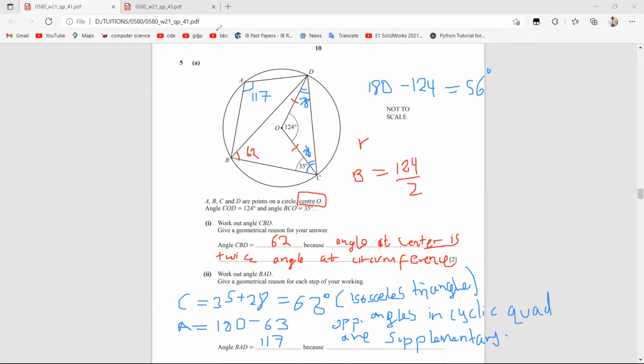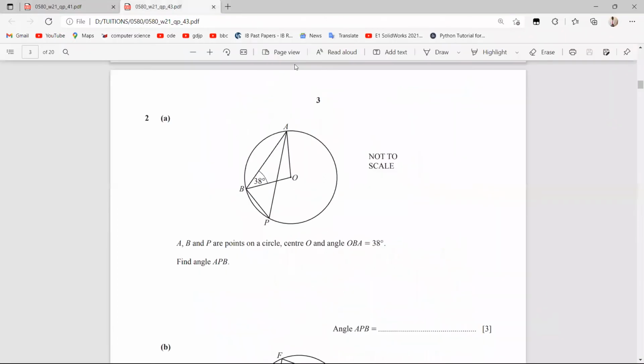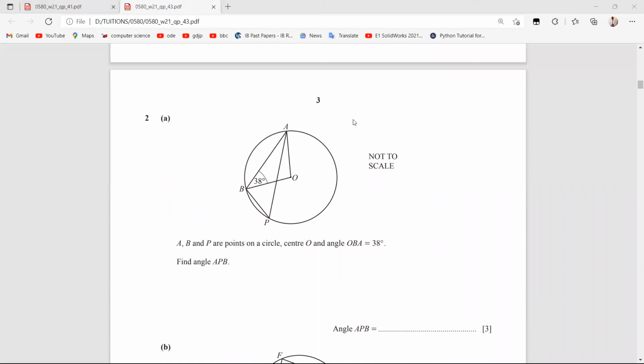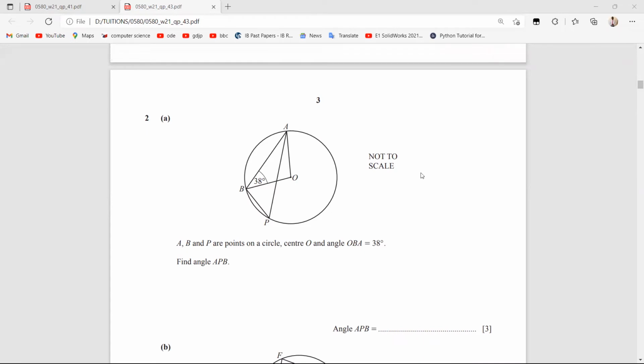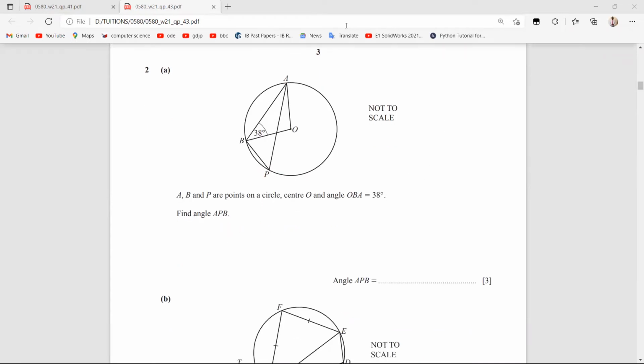Just clear all this. So there's another question here, question 2, all right? So hopefully you can see question 2. Question 2 says, A, P, B are points on the circle, center O. So the word center O there is key, right? Because it helps us to identify the radii.